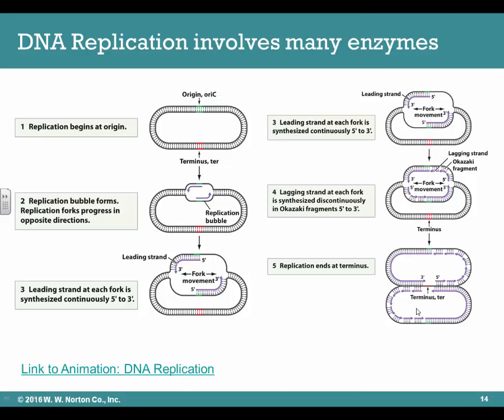And the way that the cell can tell between the parent and the newly synthesized strand is important, because for any mistakes that are made, it has to be able to tell which one was the original template strand, with the correct sequence, and which one is the strand with the mistake. And the way it can tell is that DNA is methylated, but the newly formed strand is not yet methylated.